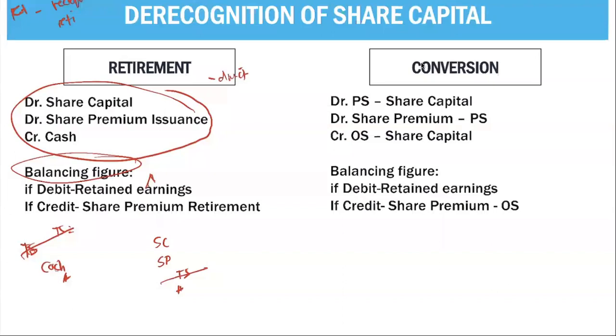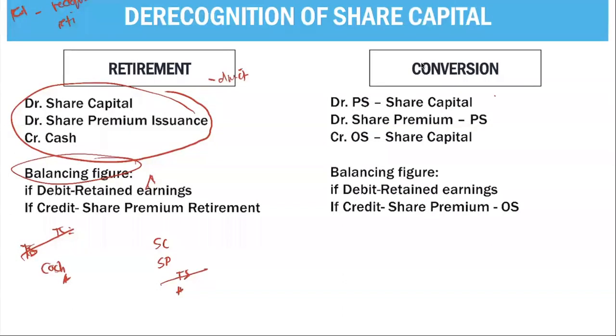Next, conversion. Pag nag-convert tayo, what we convert only is from OS to PS or PS to OS. So this one is a PS to OS. Whatever is the balance of the PS converted will be transferred to your OS. So the consideration here is the balance of PS. If the balance of PS is greater than the par value, then we will have share premium OS.